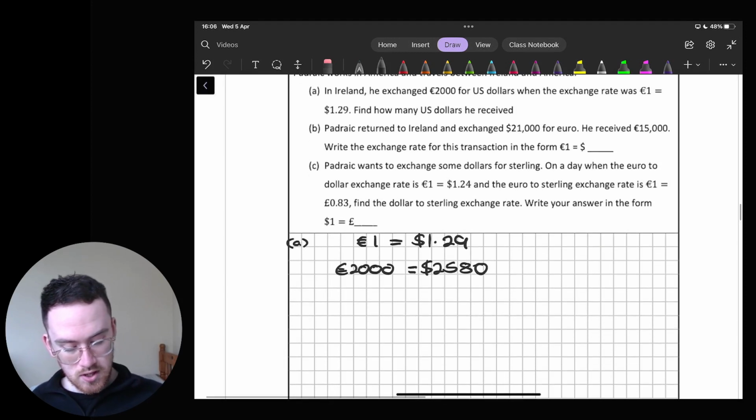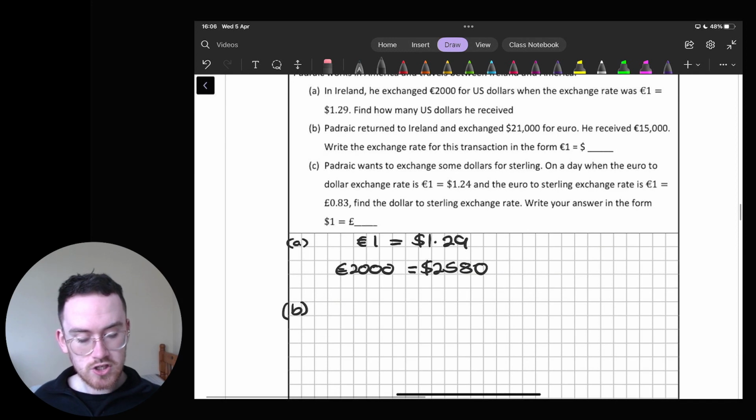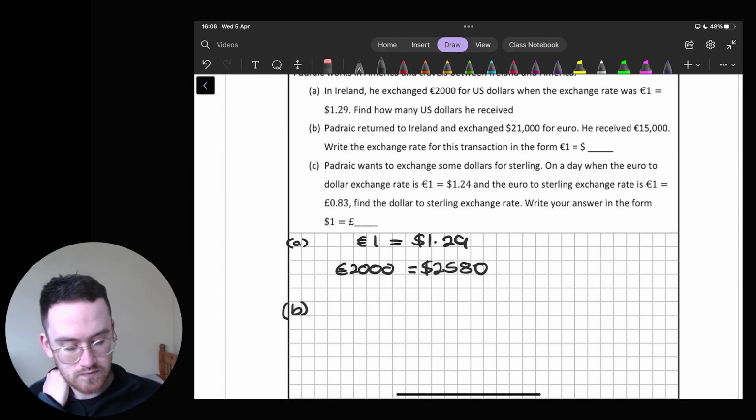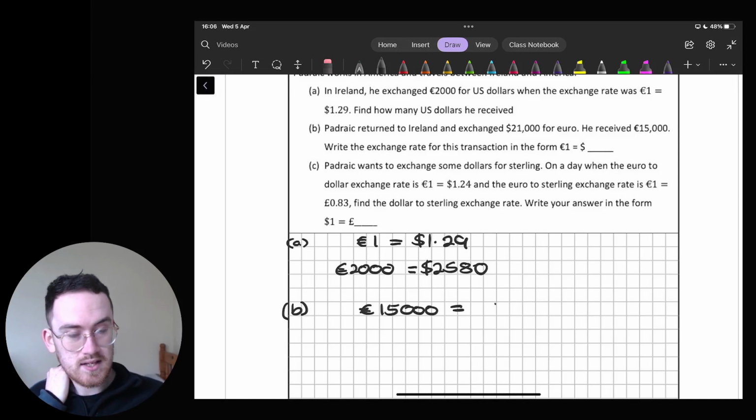That gives $2,580. Part B. Porrick returned to Ireland and exchanged $21,000 for euro. He received €15,000. Write the exchange rate for this transaction in the form €1 is equal to how many dollars? Well, we can use what we know. €15,000 is $21,000.